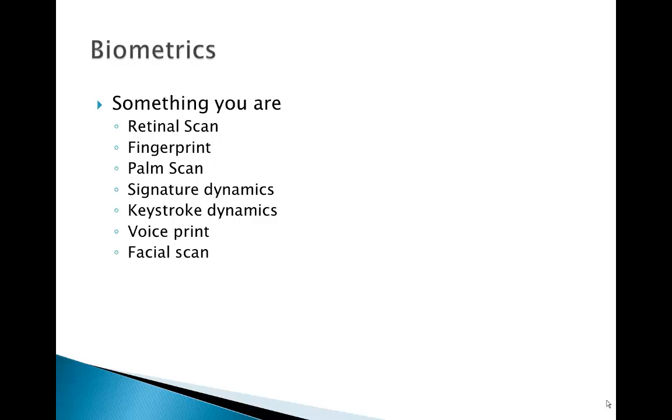Now, biometrics, dealing with something you are, can include things like scanning the pattern of blood vessels in the retina of your eye, examining your fingerprint, which has been done for over 100 years now, palm scans, your entire hand, signature dynamics, how you write your name, keystroke dynamics, the individual variations in how people use a computer keyboard, voice prints, characteristics of your voice that describe you, and facial scan, recognizing faces, trying to get computers to do something that human beings do very naturally.